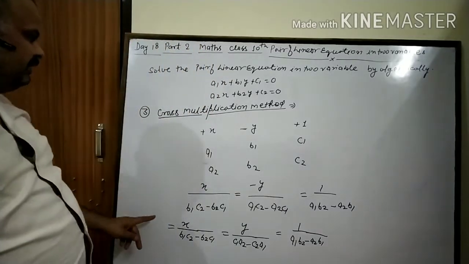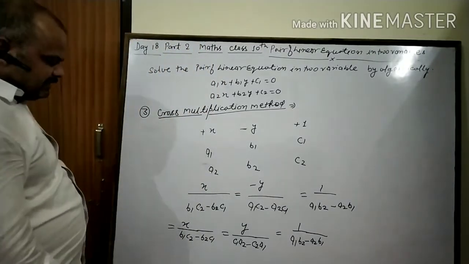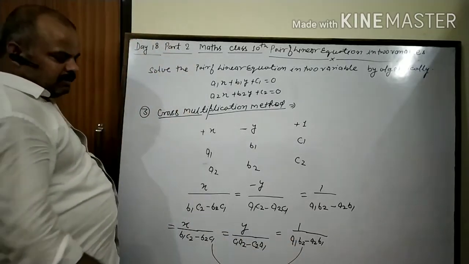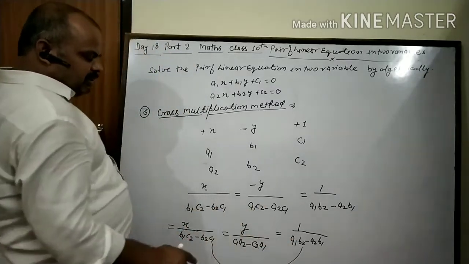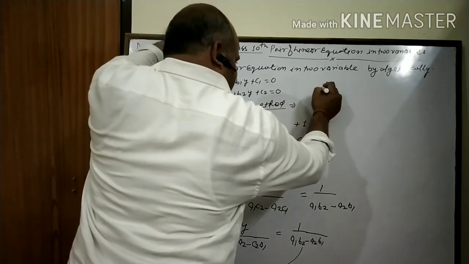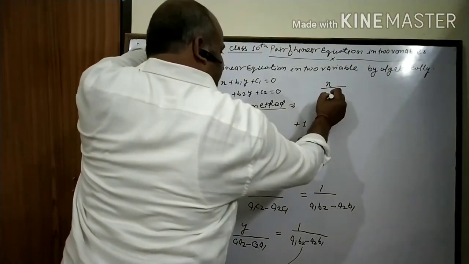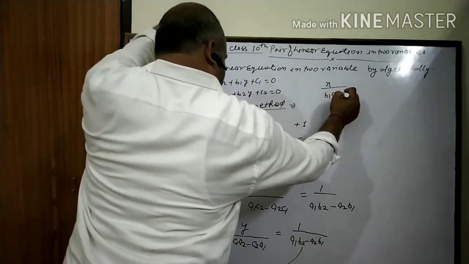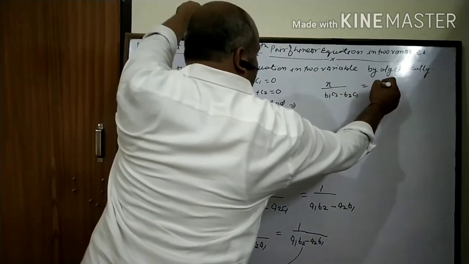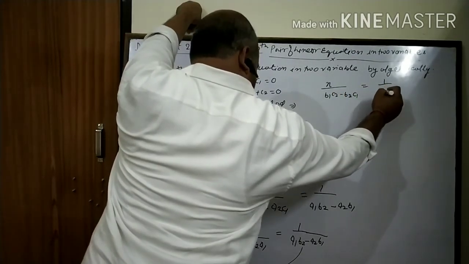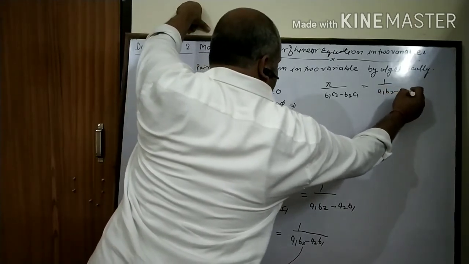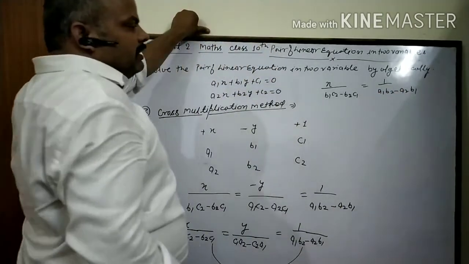And if you want to find the value of x, then you compare both, clear? From here you get the value of x. See, x upon b1 c2 minus b2 c1 is equal to 1 upon a1 b2 minus a2 b1, clear?